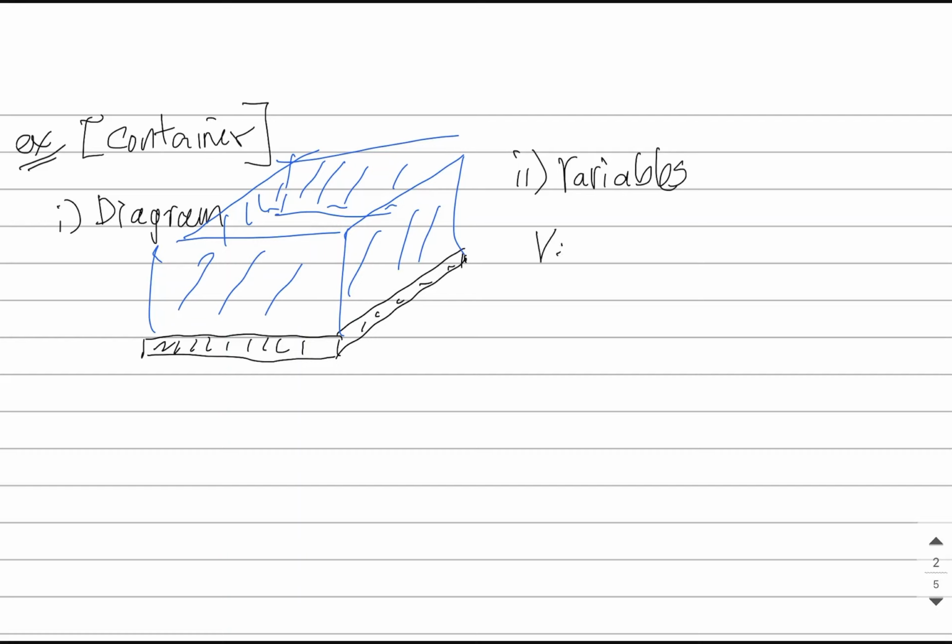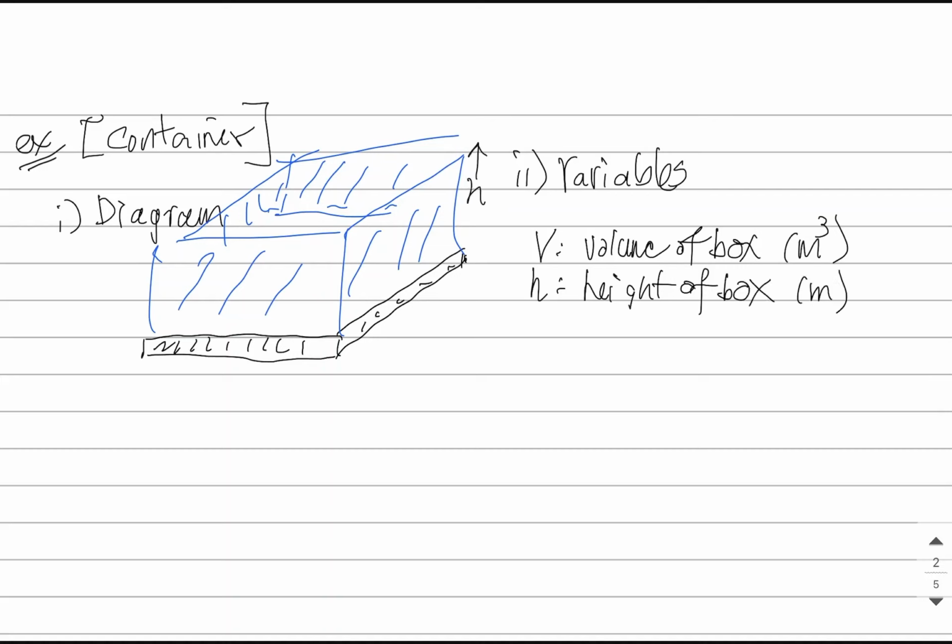Let's say that V is the volume of the box in cubic meters. Let's say that H is the height of the box in meters. Now, on my picture, as soon as I define my variable, I will put in that variable just so that I can visualize it.